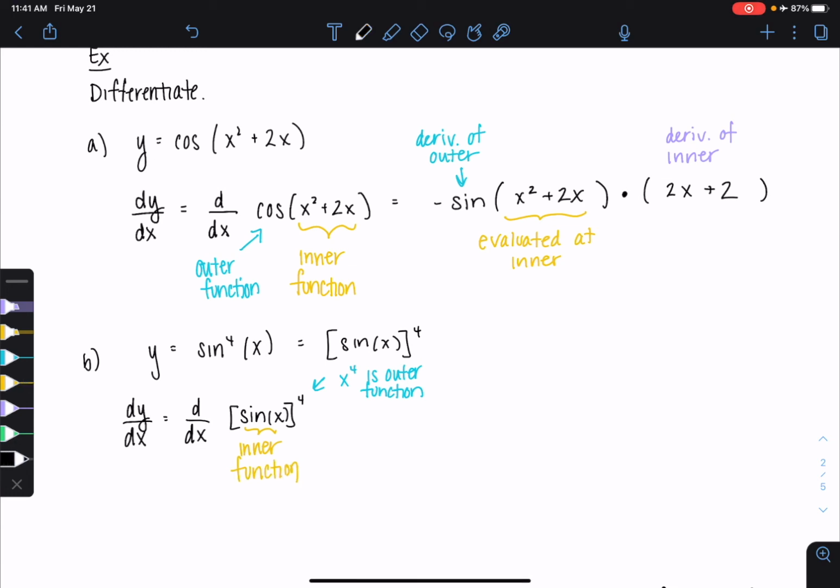So if I differentiate the outer function, that would be 4x cubed. But it has to stay evaluated at the inner. So I still need to keep that process. This whole thing is the derivative of the outer, but it is evaluated at the inner.